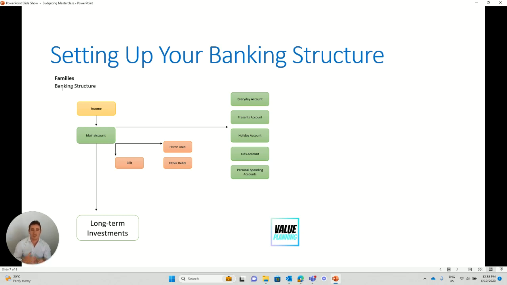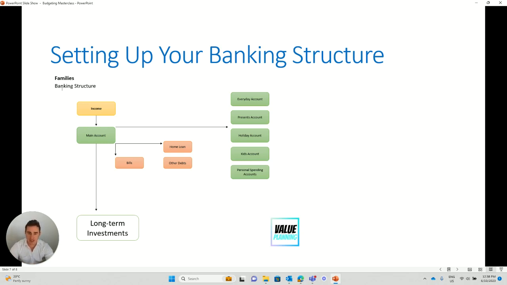This is very similar to the old envelope system or the old jar system, where you would have your cash and you'd put an amount in that you've got for spending for these things and you live out of that. It's just the modern version because no one really uses cash anymore, so everything's on card. So it's easier to have that account and use that card.